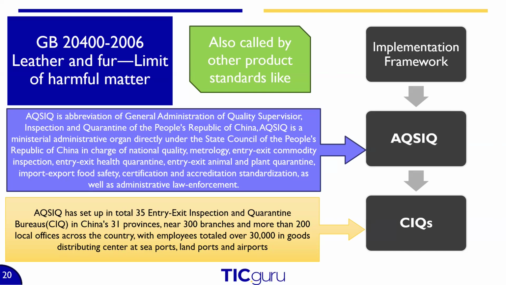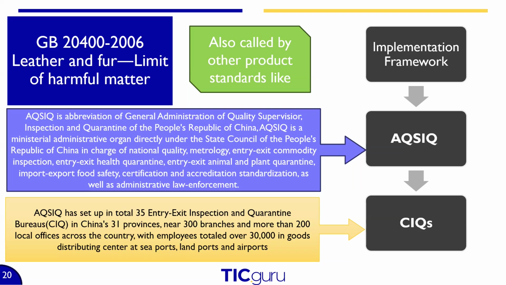It is an abbreviation, the AQSIQ, for the General Administration of Quality Supervision, Inspection and Quarantine of the People's Republic of China. It is a ministerial administrative organ under the State Council of the People's Republic of China in charge of national quality, metrology, entry-exit commodity inspection, entry-exit health quarantine, entry-exit animal and plant quarantine, import-export food safety, certification, accreditation, standardization, as well as the administrative law enforcement.